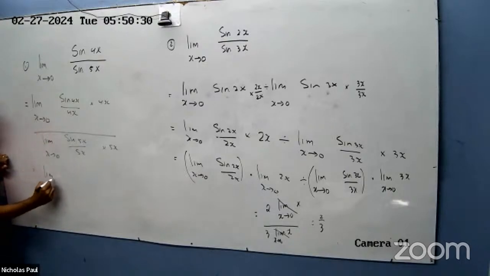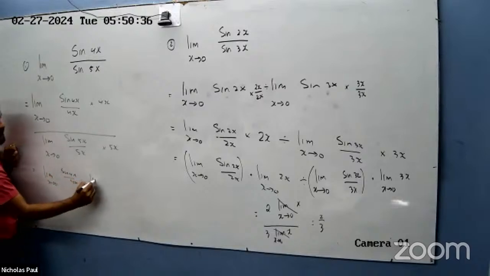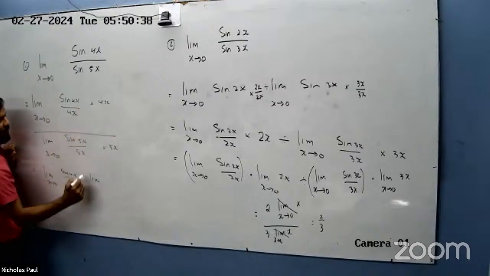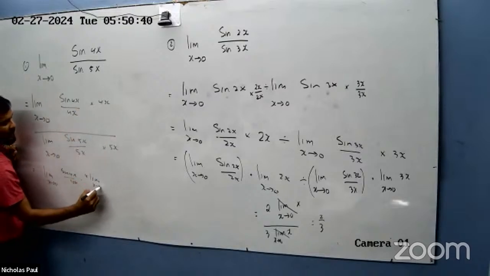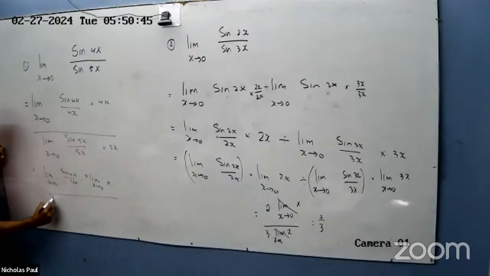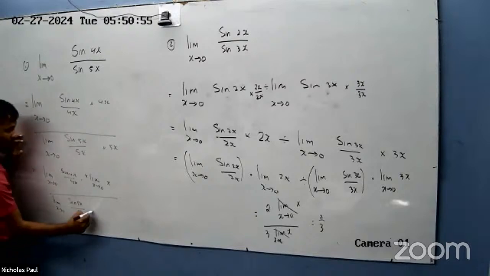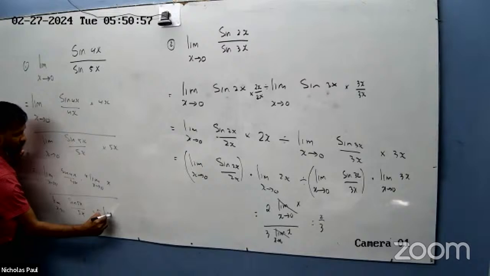The limit of sine 4x on 4x, multiplied by the limit as x approaches 0 of 4x, all over the limit of sine 5x on 5x times the limit of 5x.